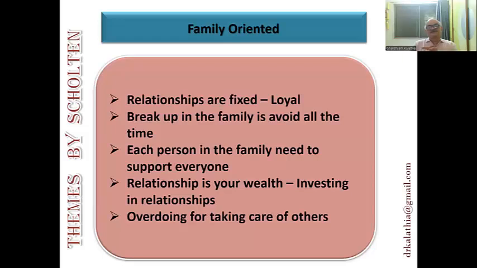And another quality is family oriented. Being together is very, very important. And they are looking not only for steadiness in their life, but they want steadiness in their relationships. And this is also a reason they do not openly speak out their dissatisfaction.